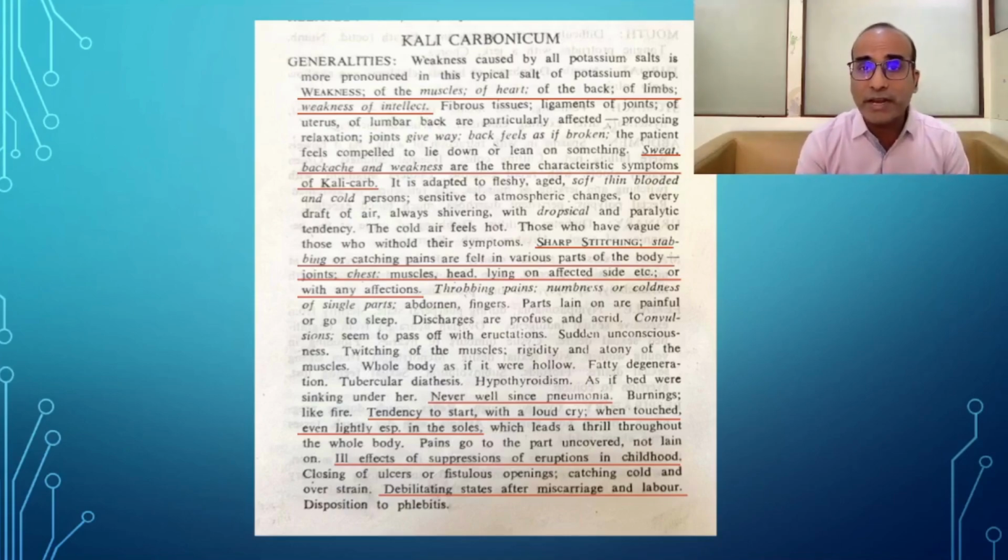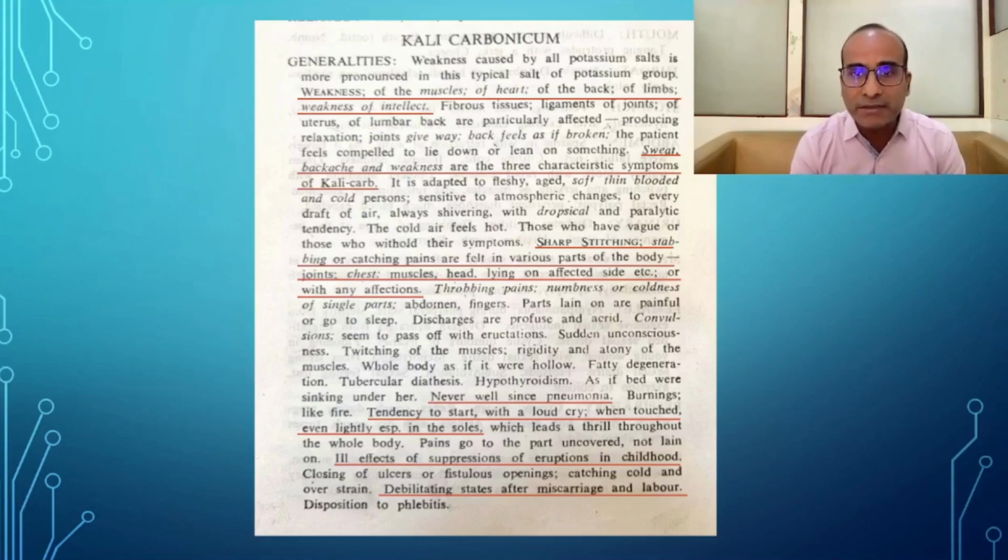Then he writes the organs affected: fibrous tissues, ligaments, joints, of uterus, of lumbar back. So the affection of Kali Carb is on fibrous tissue, connective tissue, muscles, ligaments. This is how the understanding of Kali Carb develops when you read carefully the generalities from Phatak's work.